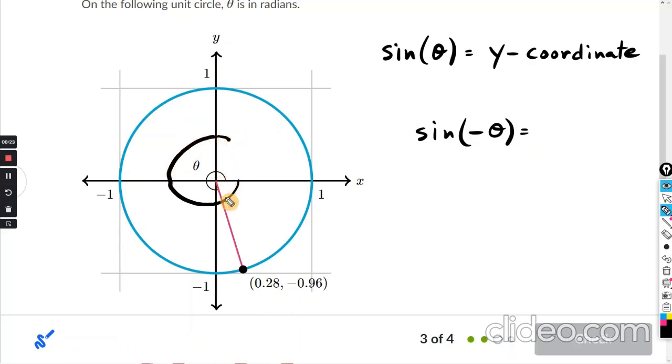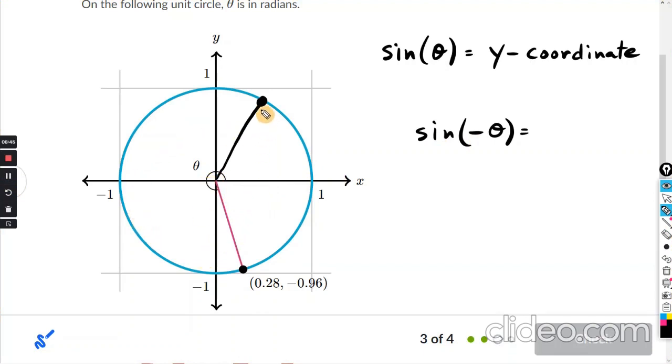Okay, so it's basically like this line right there. So again, all I did for negative theta, I went the same amount they did, except I rotated from the opposite direction.